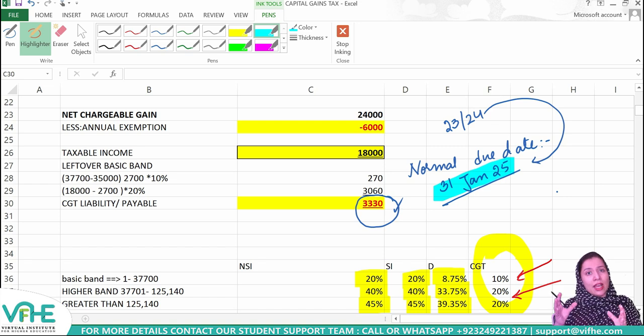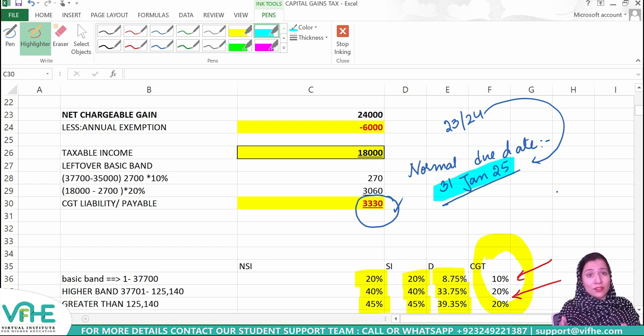So technically, income tax as well as capital gains tax filing shall have to be done online by 31st of January after the tax year, exactly on the same date. And I hope you remember that income tax payable as well as NIC balancing figure is also going to be paid on the same date. Along with that, NIC class 2 is payable by the same date as well, which is 31st of January after the end of the tax year.